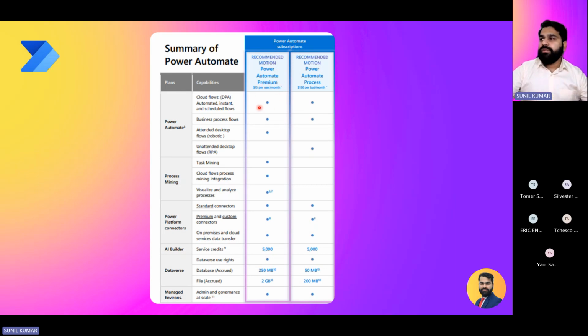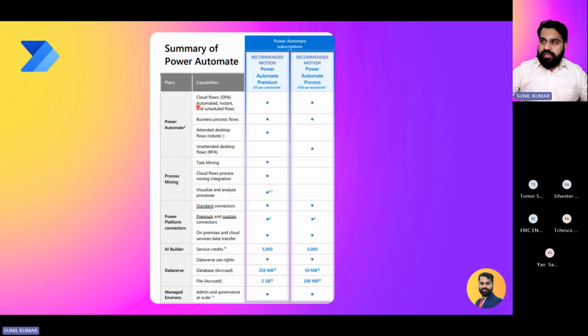With this license, I will be able to run any of the automated flows, any of the scheduled flows, and any of the instant flows, which run on a button click. These instant flows are not triggered from Power Apps or from Copilot Studio. So I will be able to run these.